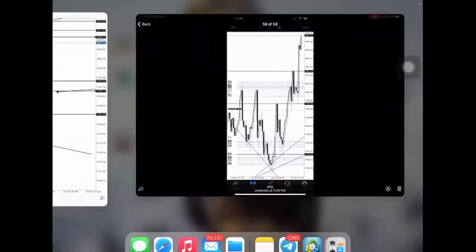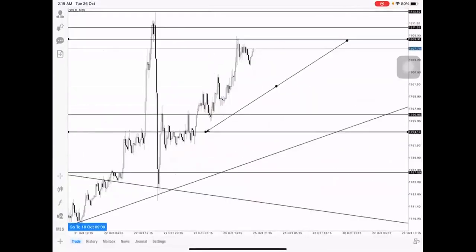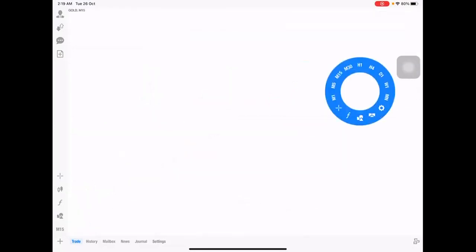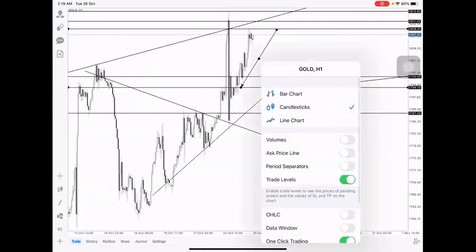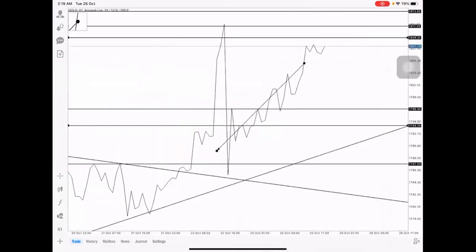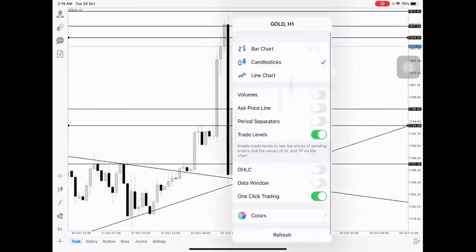I think M15. M15 re-entry. And H1. H1. I forgot.